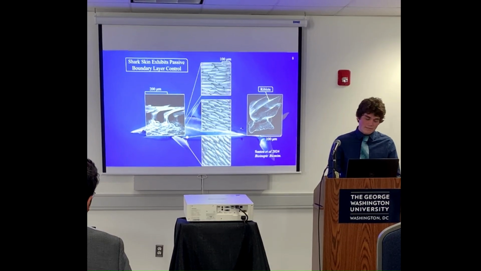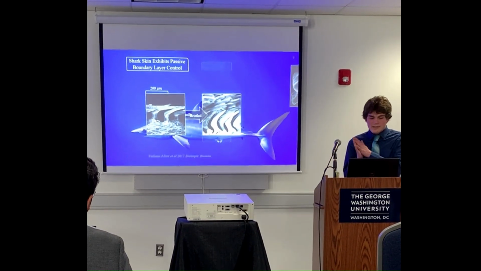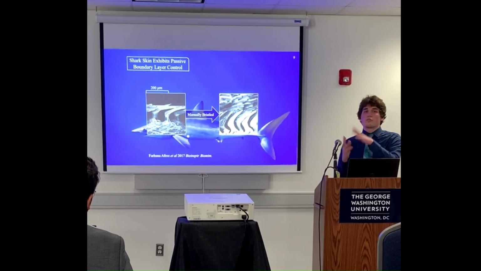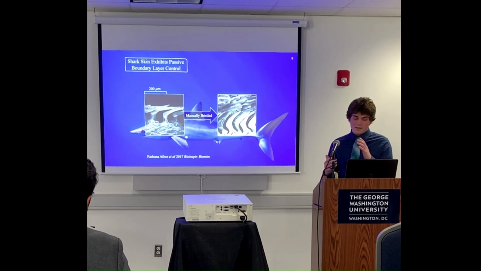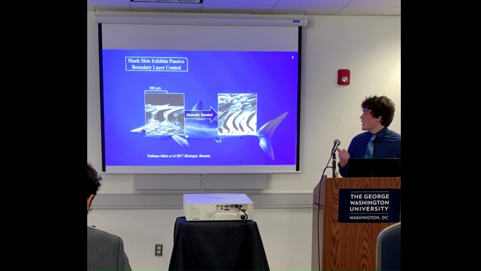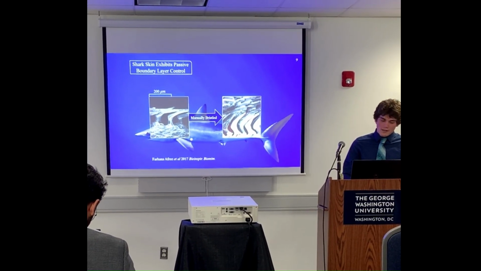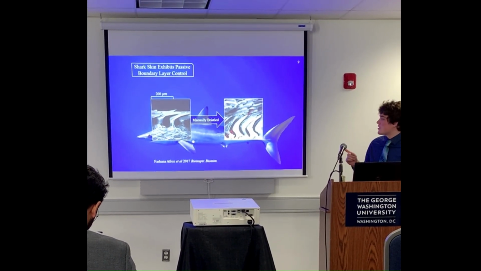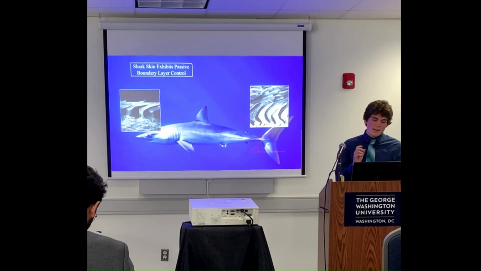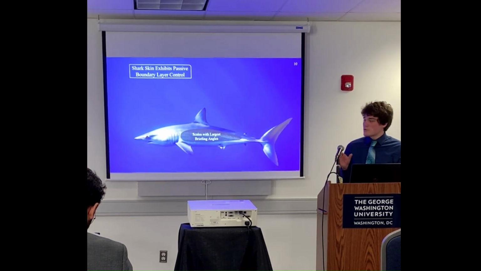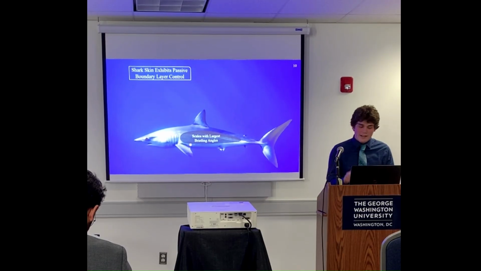I'm going to be looking at how these shark skins, these denticles, can actually bristle up into the flow to help prevent separation. The picture on the right has been manually bristled in a lab. This angle turns out to be pretty important. Right along the flank of the shark here, that's where you see the scales with the largest bristling angles.